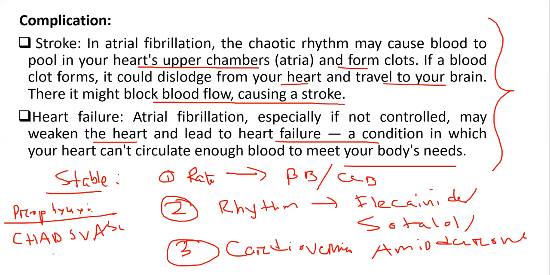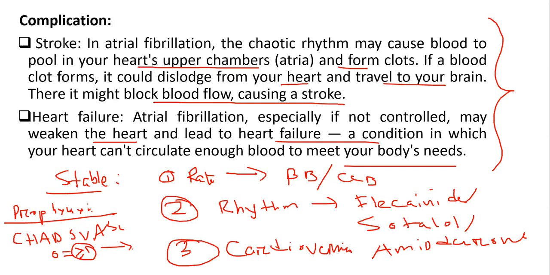The main thing is that if the score is 0, then there is no need for any prophylaxis. But if the score is 1 or more, there are a few differences for men and women. For men, above 1, you have to start anticoagulants. For women, you can go up to 2. So men above 1, anticoagulants.